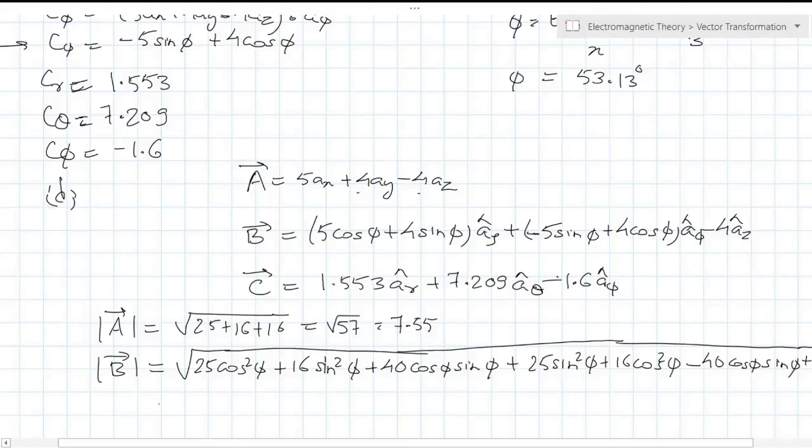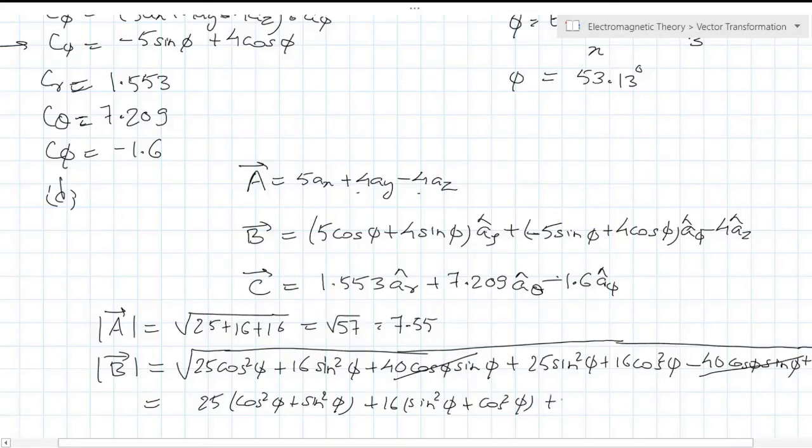So it's very easy to find out the answer, and many of the things will cancel out, like this 40 and this minus 40 cos theta cos phi sin phi will be cancelled, and this 25 cos square phi and this sin square phi can be grouped together. 25 times cos square phi plus sin square phi in one bracket, then 16 times sin square phi plus cos square phi in another bracket, and 16, the last one, will remain intact.